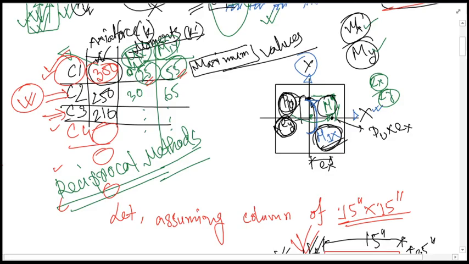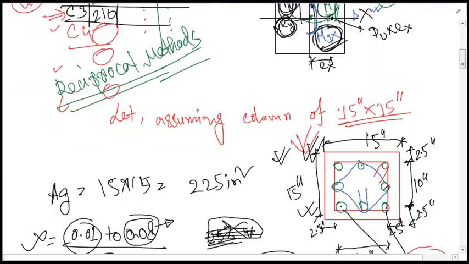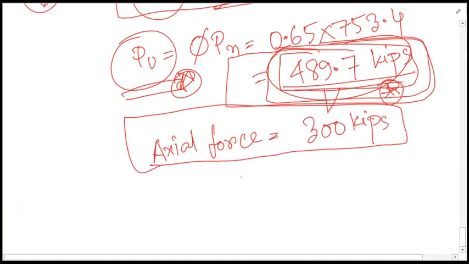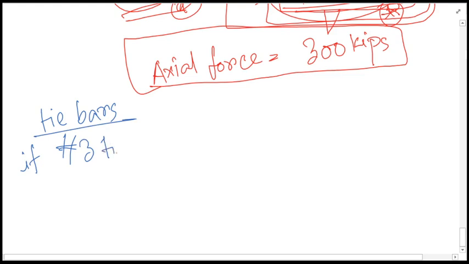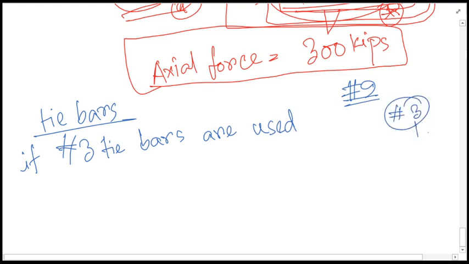And another thing I must mention is how you'll have to provide the ties. There are directions for providing ties. If number 3 tie bars are used, there are some guidelines, as you know, for which number of bars you can use number 3 tie bars and for which you will have to use number 4 tie bars.